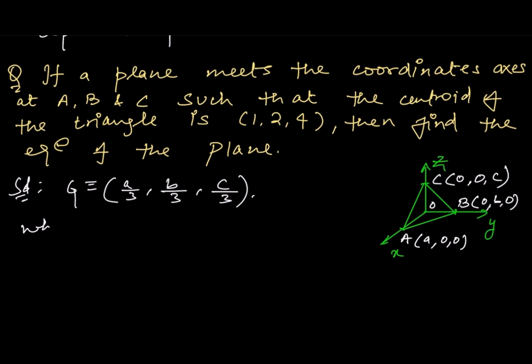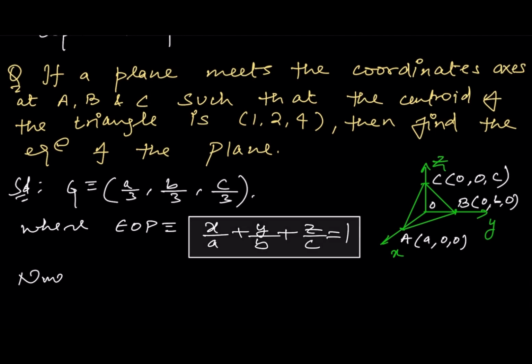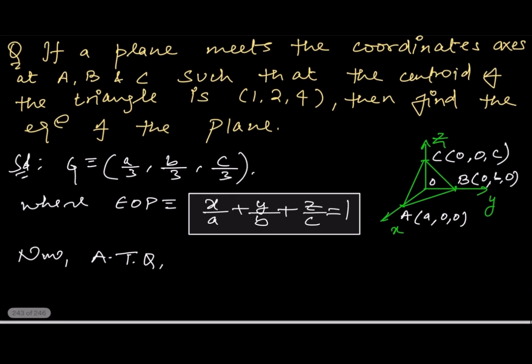Here the equation of the plane will be x/a + y/b + z/c = 1, right? We are assuming that this is the equation. Now, according to the question, the centroid is given, that is (1, 2, 4).